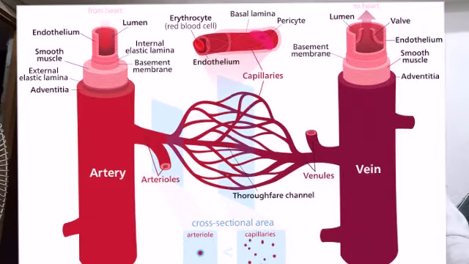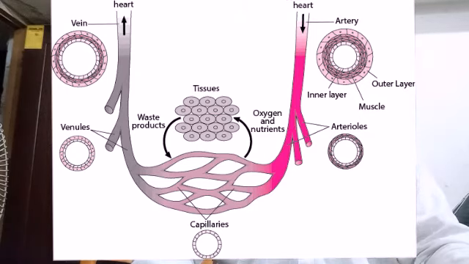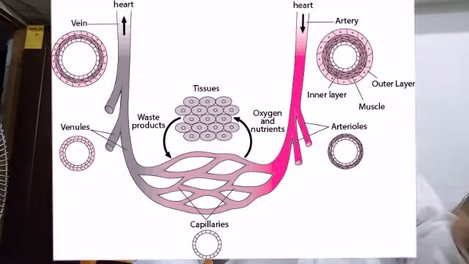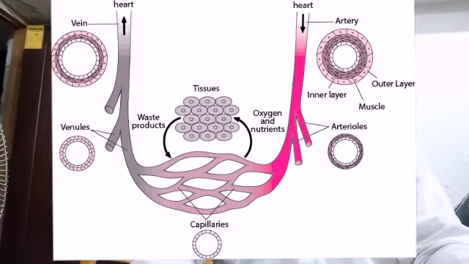Now comes the third type of blood vessels, that is capillaries. When arteries and veins reach the different body tissues, they divide into very fine thread-like structures and go inside the tissues.